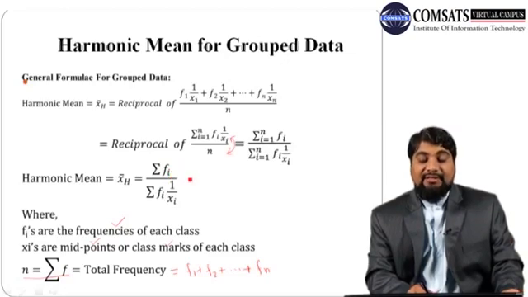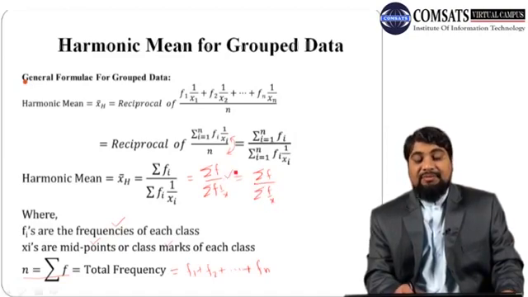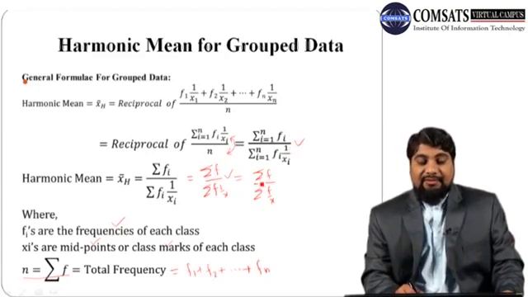This is the simplest, or you can say the shortest form: summation f divided by summation f over x. Usually this form is preferred. So this is the formula for calculating harmonic mean for grouped data. Let us explain this with the help of one simple example.